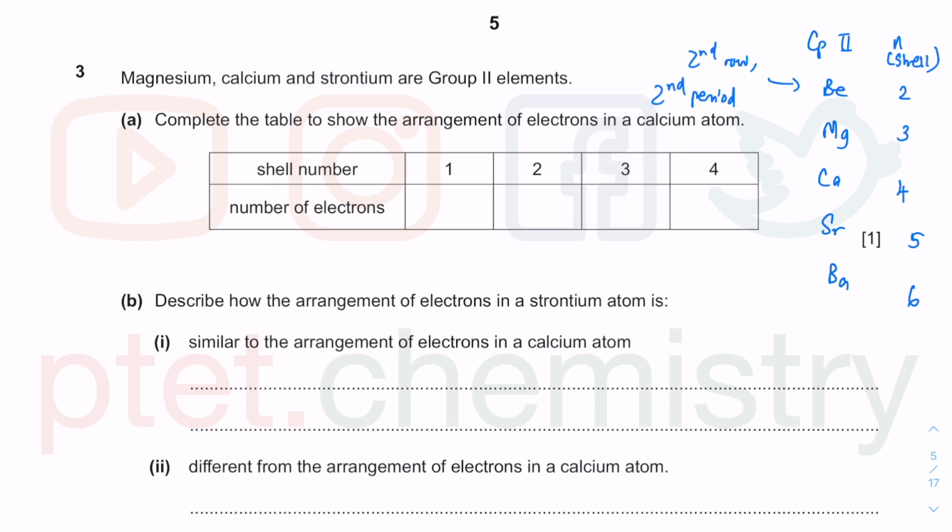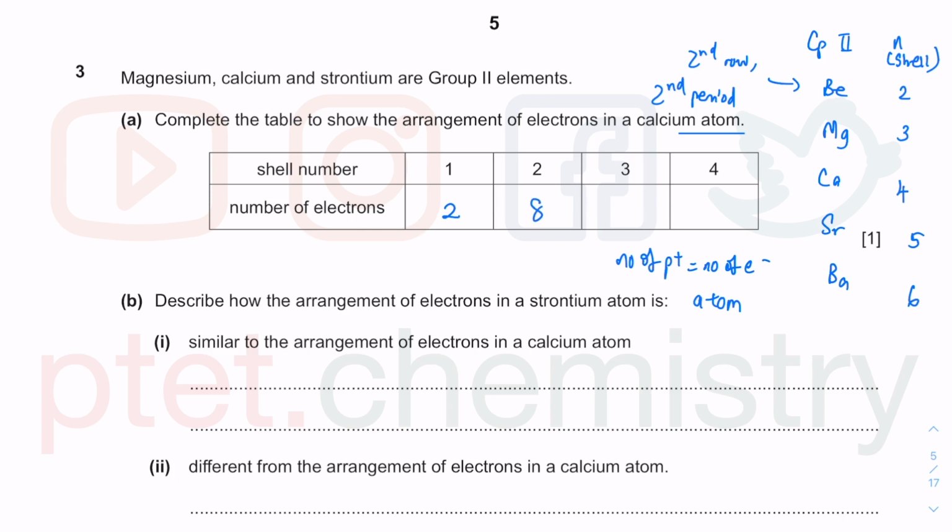So when you have a calcium atom, the number of protons equals the number of electrons. In a calcium atom, your atomic number is 20. So there are 20 protons, therefore there are 20 electrons. If you follow the periodic table, hydrogen to helium, the first shell has 2 electrons; lithium to neon, the second shell has 8 electrons maximum.